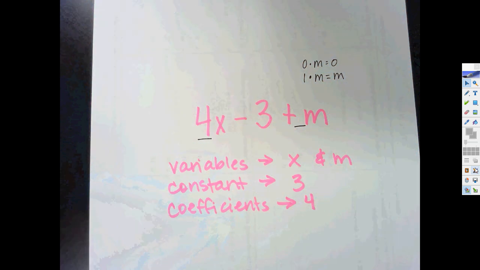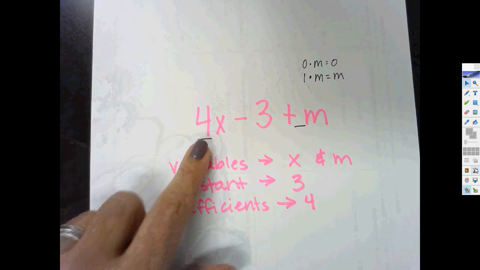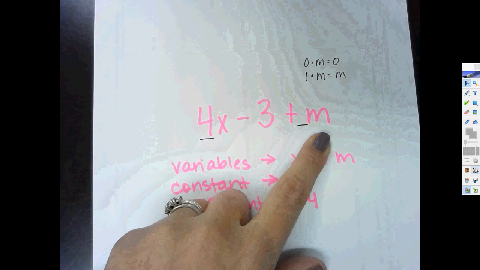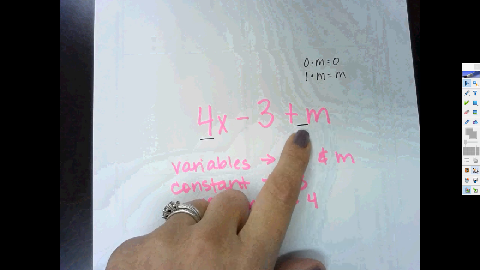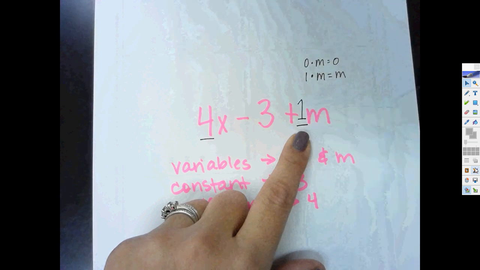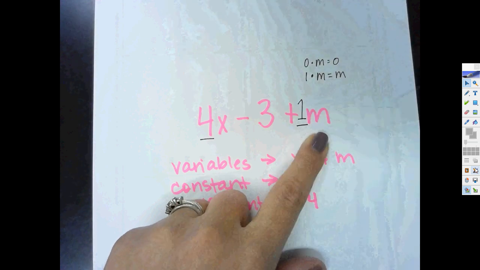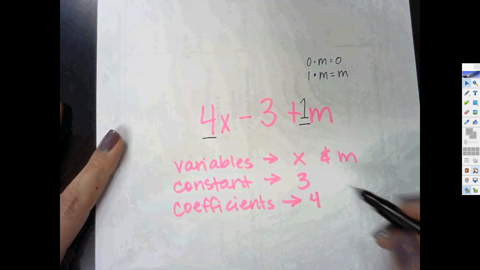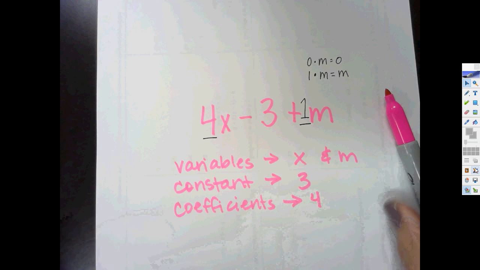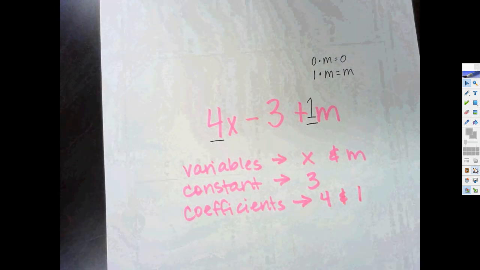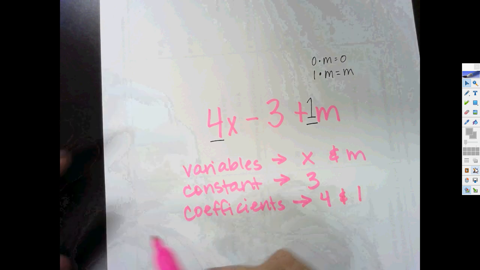It's very redundant for us to write, like we wrote 4 x's. It'd be redundant to write 1m. So we don't write it in an algebraic expression, but there's always understood to be an invisible 1 in front of a variable that doesn't have a coefficient, like an actual number. So actually, the coefficients are 4 and 1.